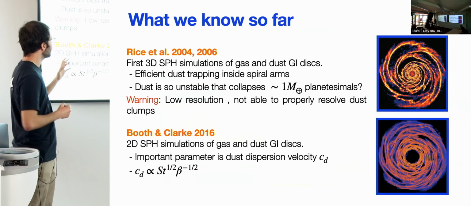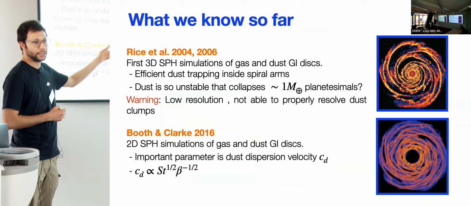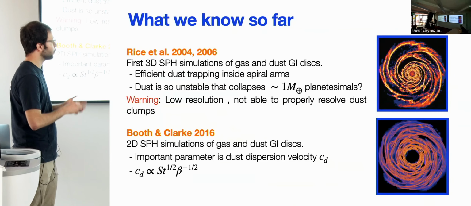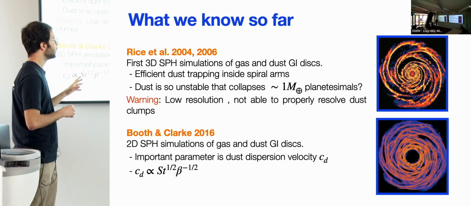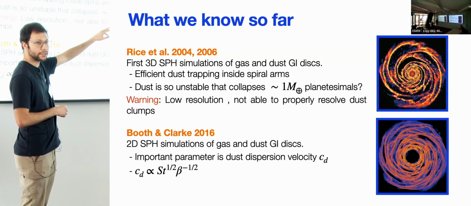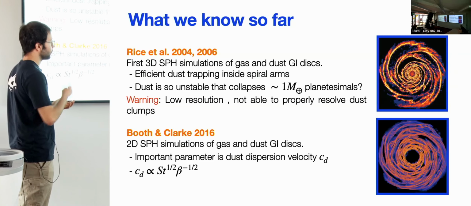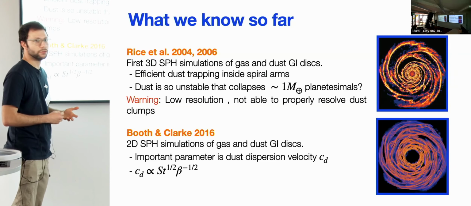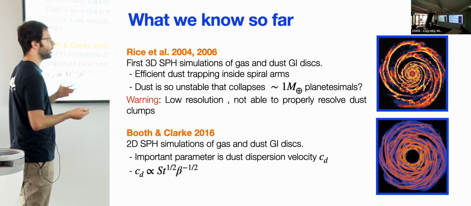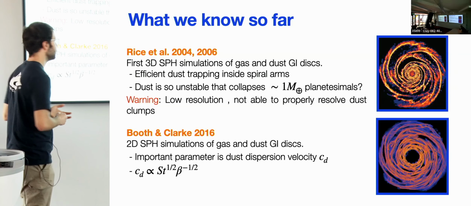And sometimes the dust is so unstable inside this structure that it can collapse, forming clumps of one Earth mass. And Rice proposed this as a way to form planetesimals or planetary cores in early protoplanetary disks.